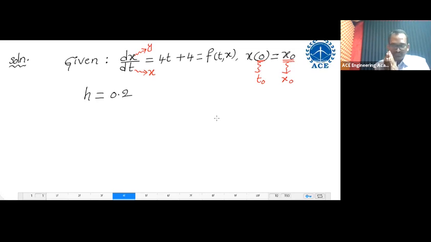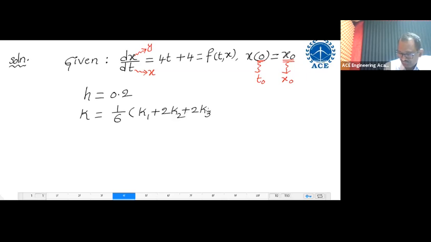What is the k value of Runge-Kutta's fourth order method? It is 1 by 6 into k1 plus 2k2 plus 2k3 plus k4.